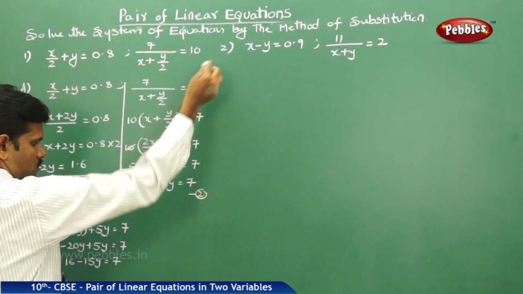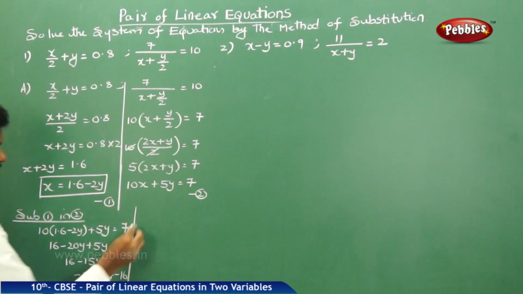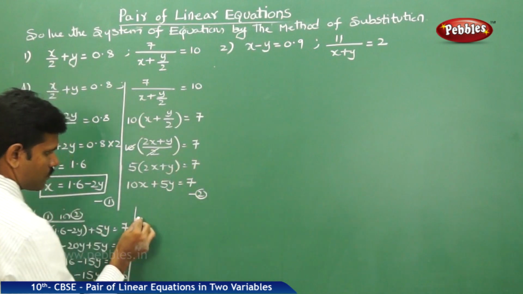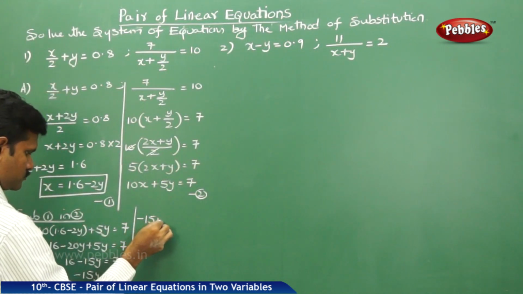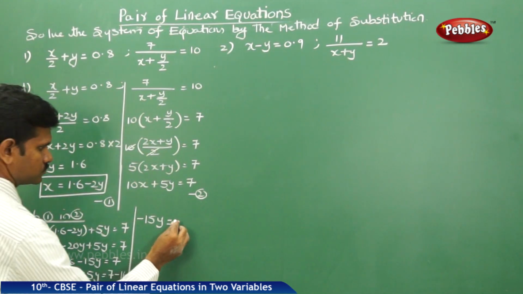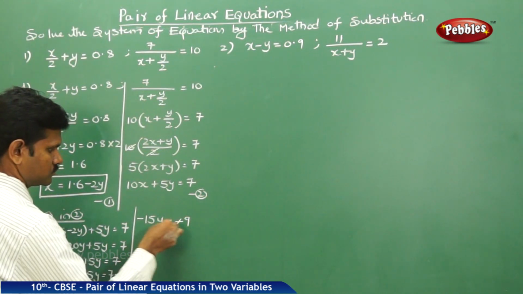Now next, minus 15y is equal to 7 minus 16; please move the 16 to the other side. That is, minus 15y is equal to 7 minus 16, that is minus 9.